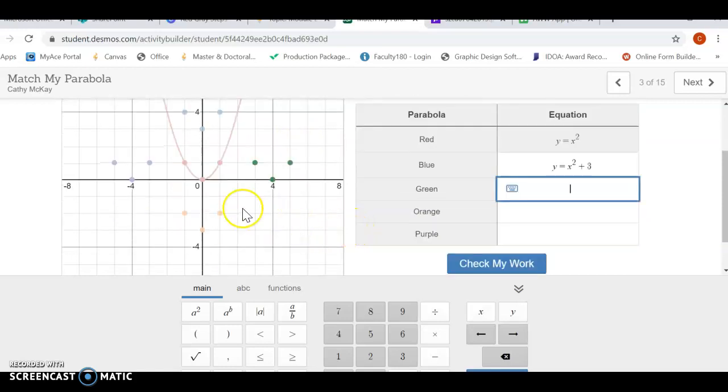And then let's go ahead and do the green one. Now this one has moved over 4 to the right. So if it moves over 4 to the right, then that means the x is going to be inside the parentheses.